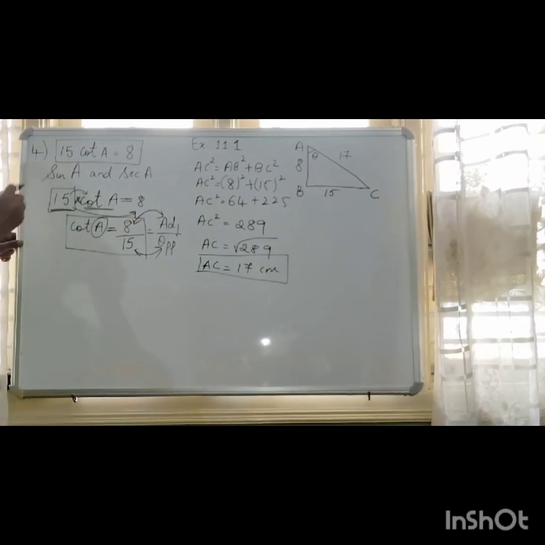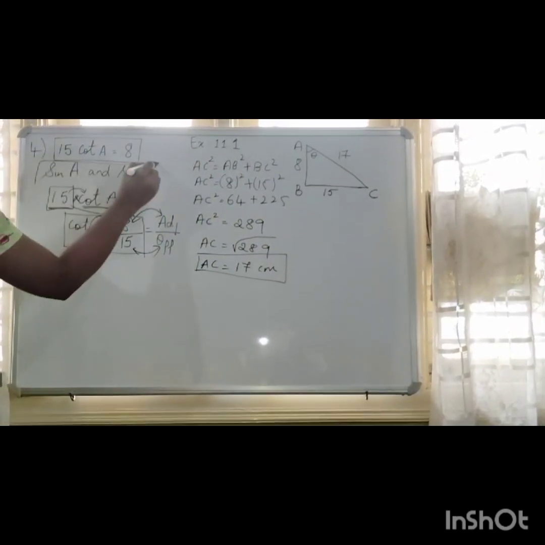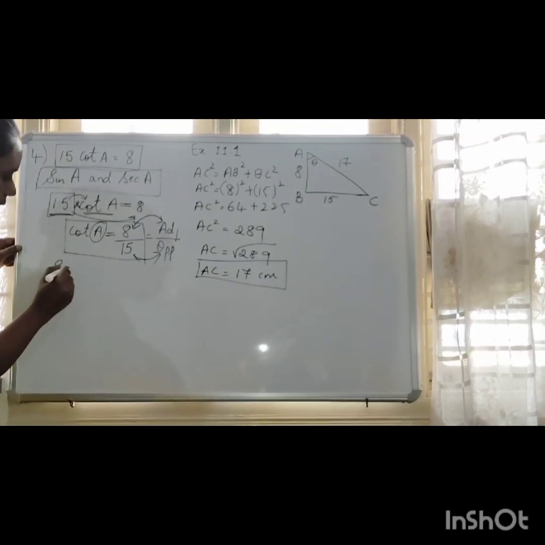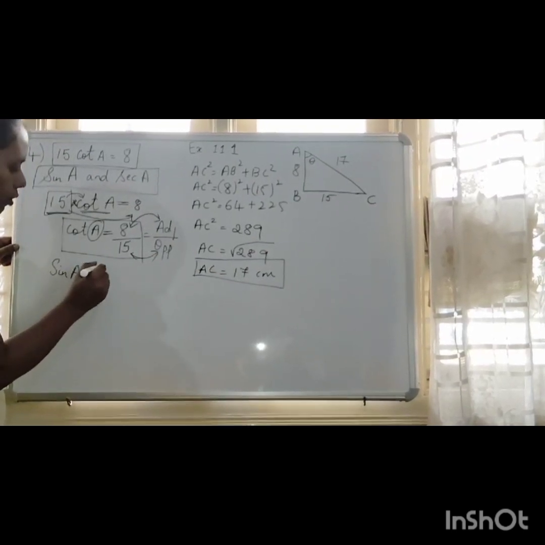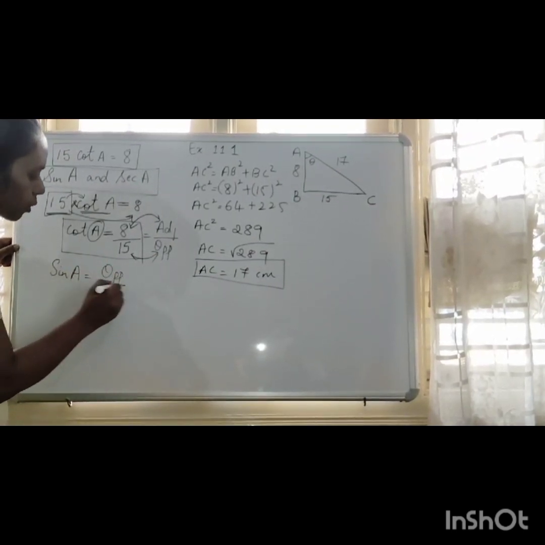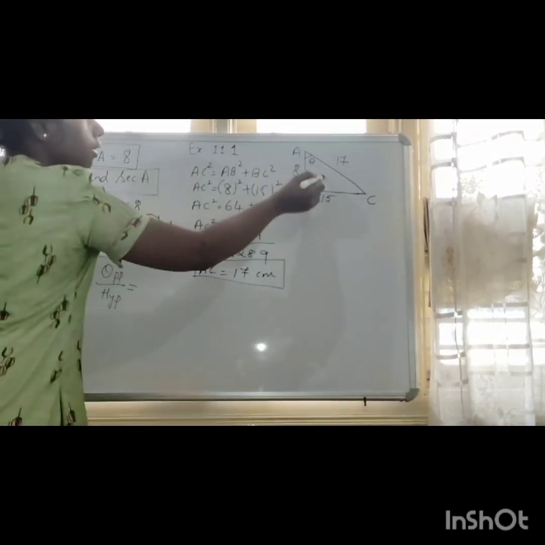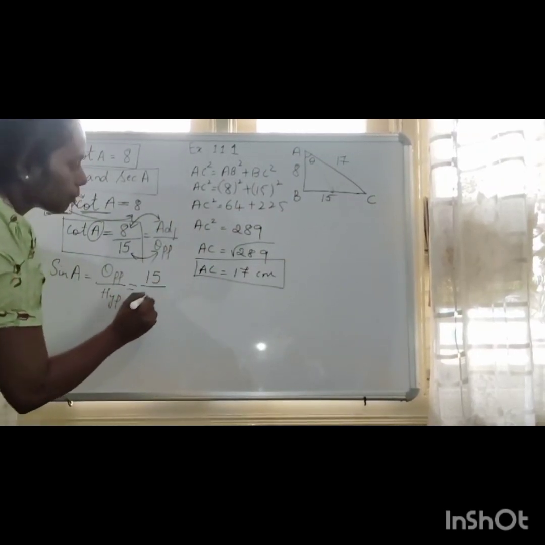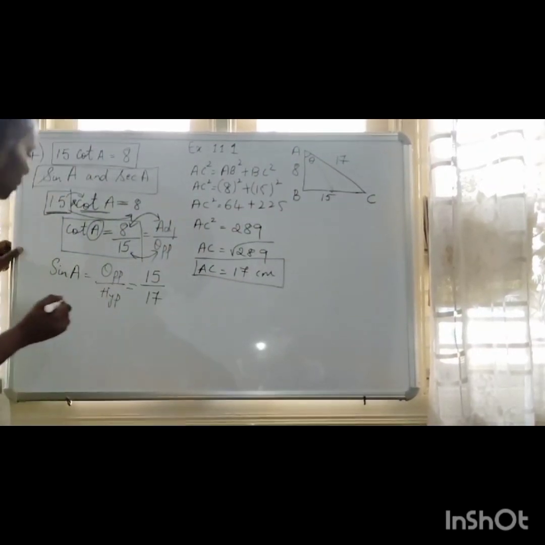Now they have asked us to find out sine A and secant A. Sine A ratio is opposite by hypotenuse, and opposite is BC. Value is 15, by hypotenuse value 17.